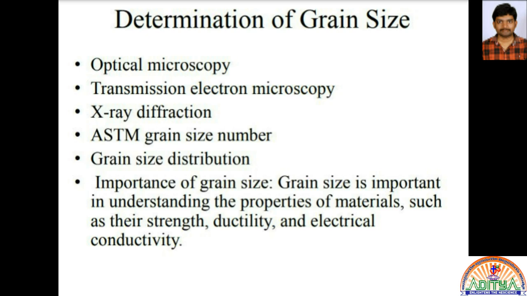Grain size can be expressed as an ASTM grain size number, which is a standardized way of expressing grain sizes. So next one is grain size distribution. That means grain size can be expressed as a grain size distribution, which shows the range of grain sizes present in the material. That is also an important thing.